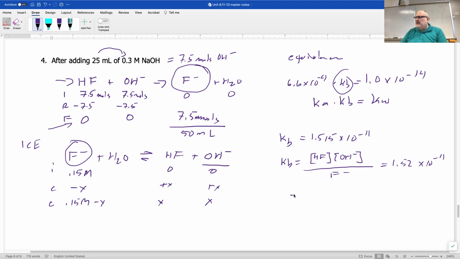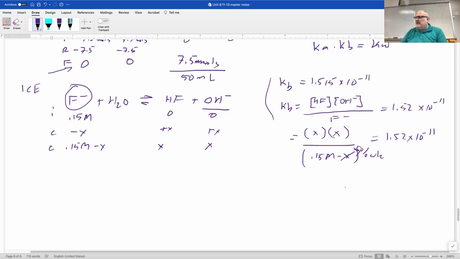When we plug our values in here and solve for x, and again, this is almost rote, you might be tempted to skip these steps, and I wouldn't blame you, but a grader might want to see it. 0.15 molar minus x. We're going to 5% rule this. And that's all going to be equal to 1.52 times 10 to the negative 11.